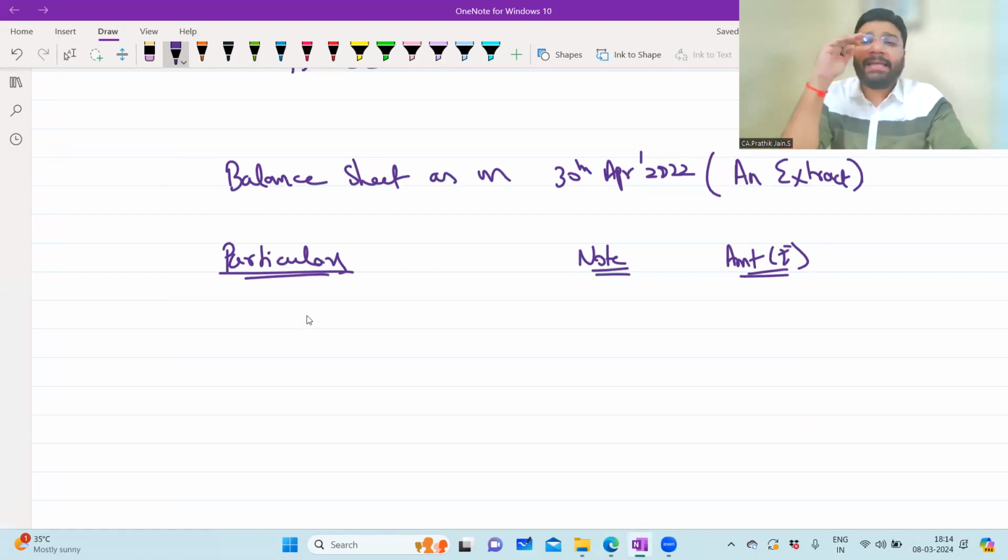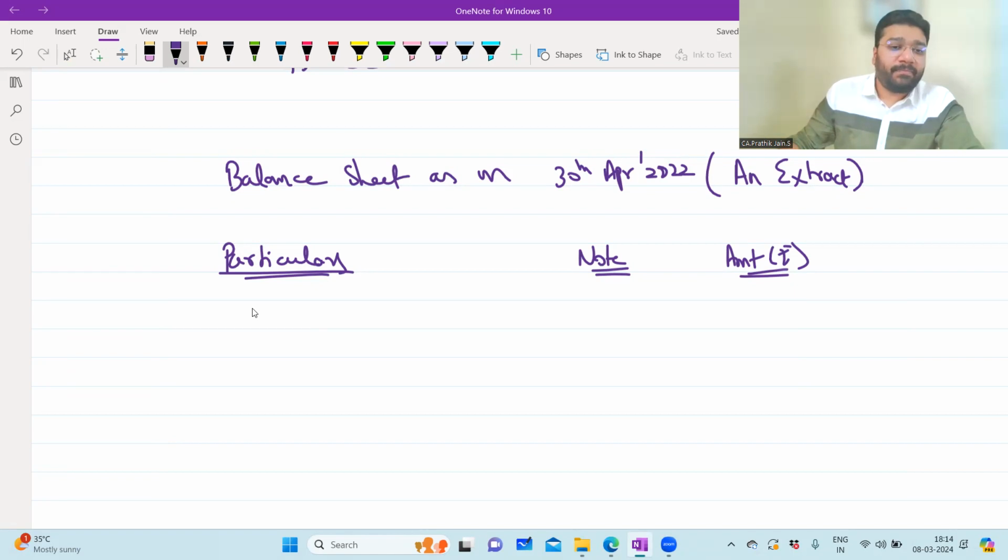So how many categories are there on the liability side under the new balance sheet format? First category is shareholders funds. Very good. Second category is share application money pending allotment. Third is non-current liability. Fourth is current liability.